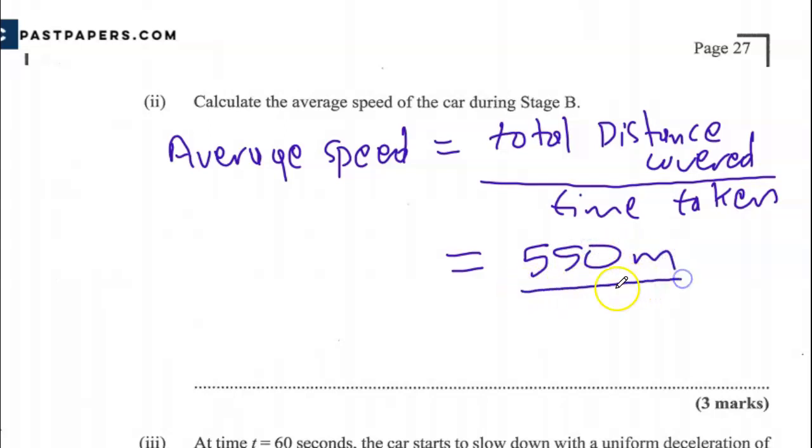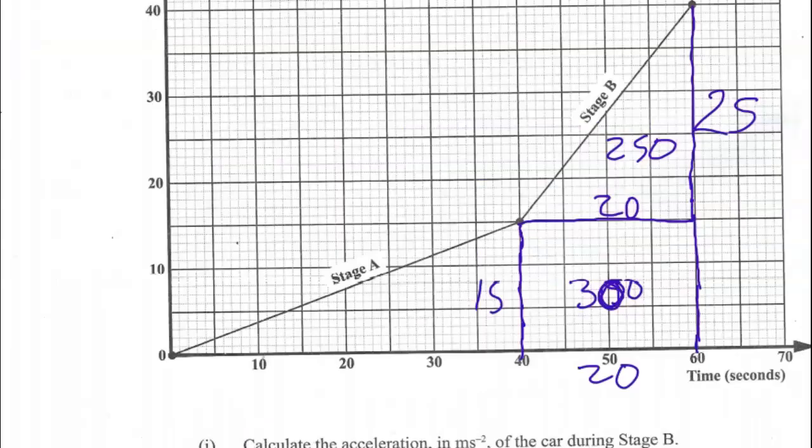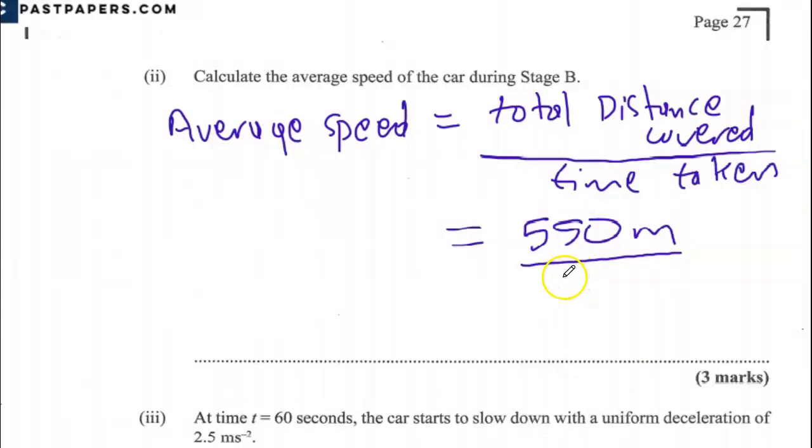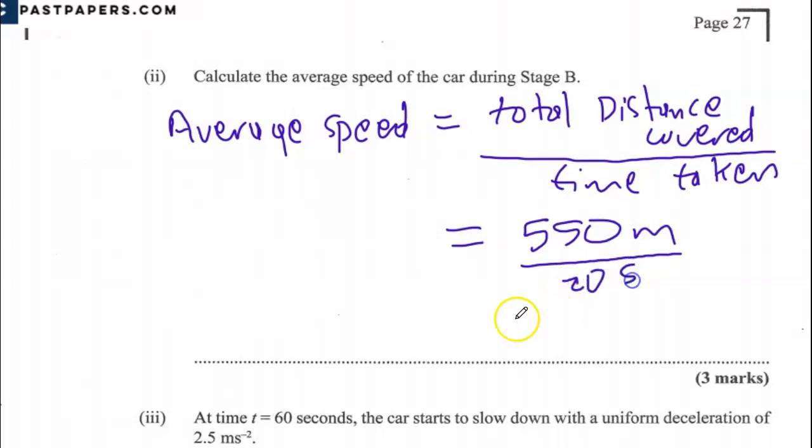And for the time taken, another glance at the graph: we move from 40 seconds to 60 seconds, so the time taken will be 20 seconds. So the average speed would be 550 divided by 20. That's 27.5 meters per second.